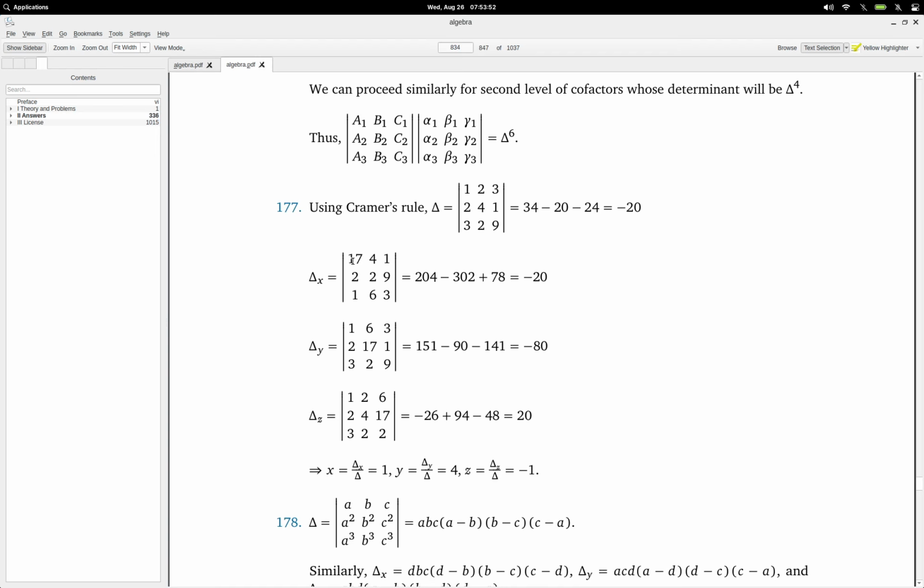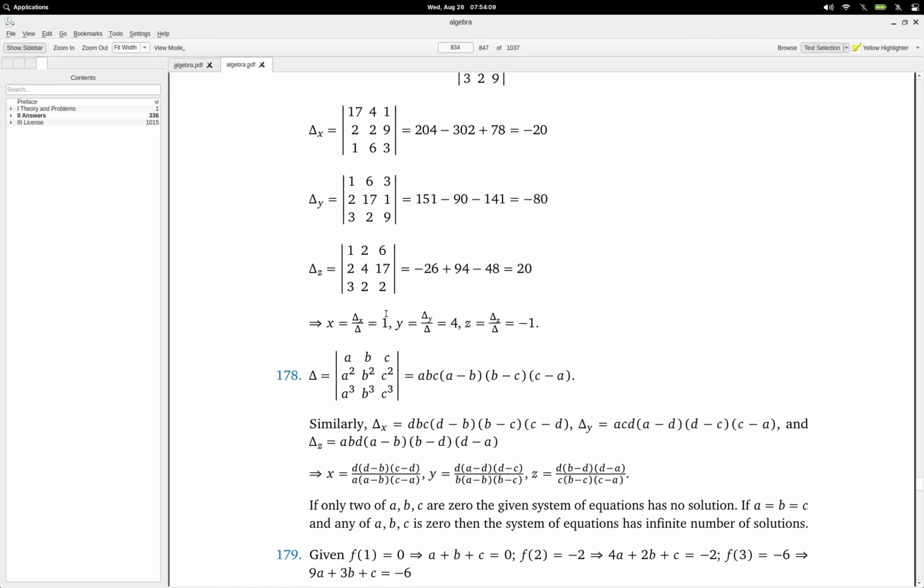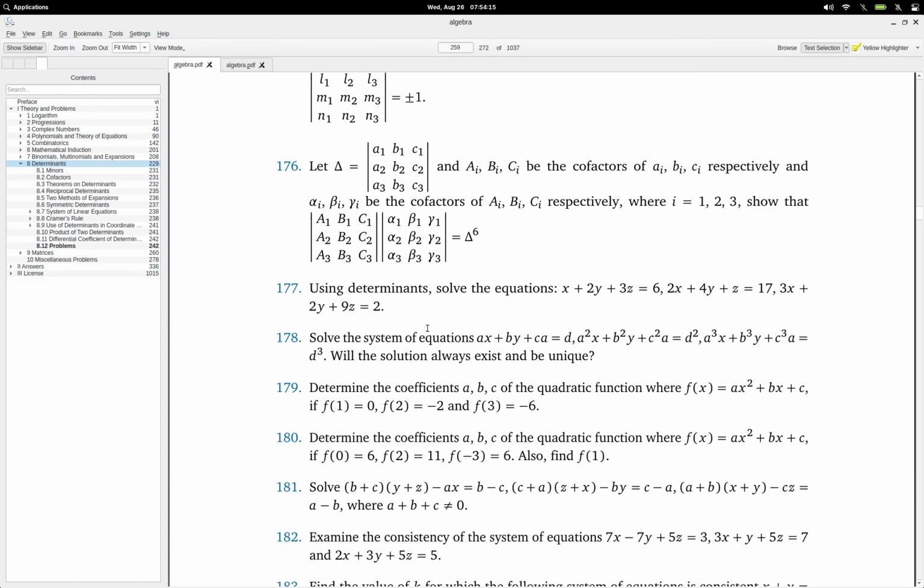For delta x, we replace the coefficients of x with the constant terms on the right hand side. We get 17, 4, 1, 2, 2, 9, 1, 6, 3. Delta x will be minus 20. And similarly, we compute delta y and delta z to be minus 80 and plus 20 respectively. Once we have that, x is equal to delta x upon delta, which is 1, and similarly y is equal to 4 and z is equal to minus 1.